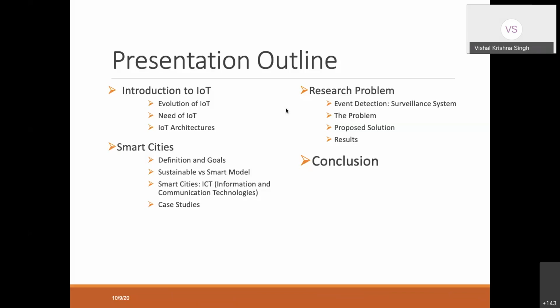And if time permits, I will also try to address the event detection problem, which is a very popular research problem in surveillance systems, and it is a very integral part of smart cities as well. Before concluding the session, let us start with the backbone or the fundamentals of IoT, that is sensors, and the wireless sensor network from which the Internet of Things has evolved.